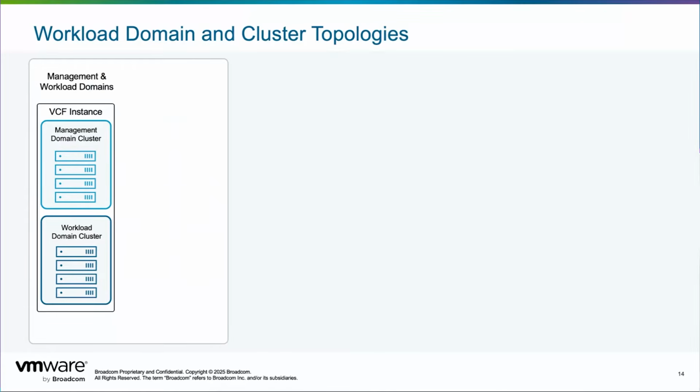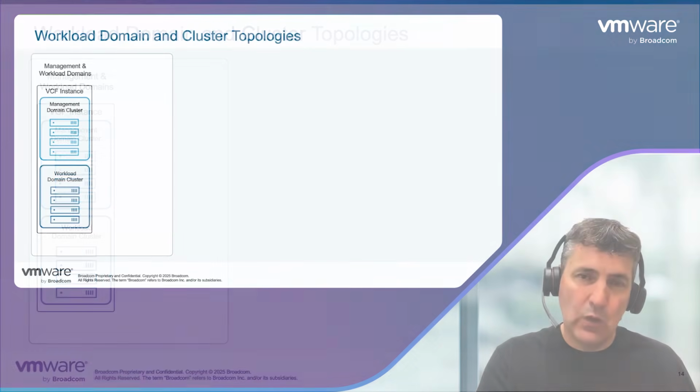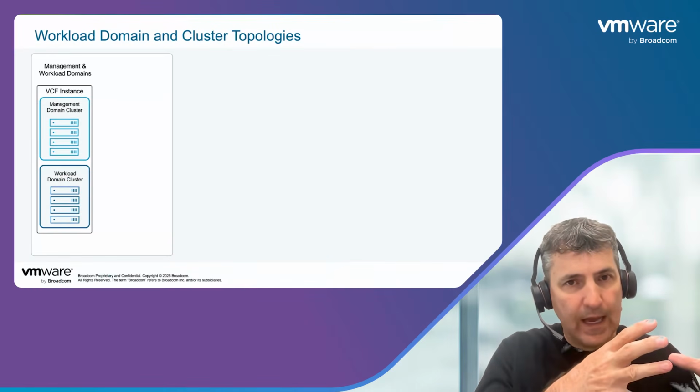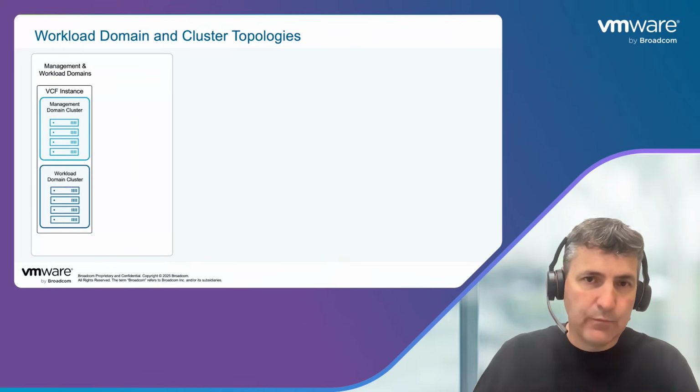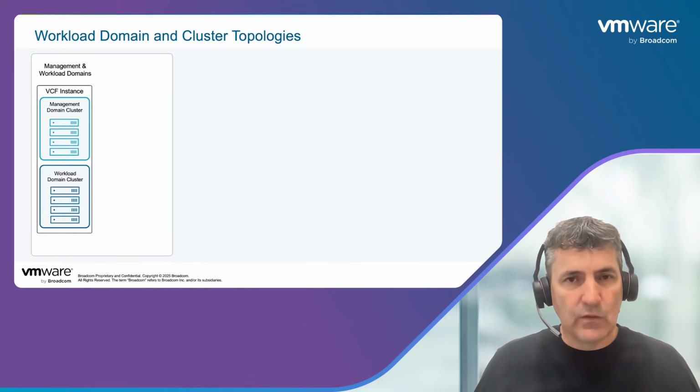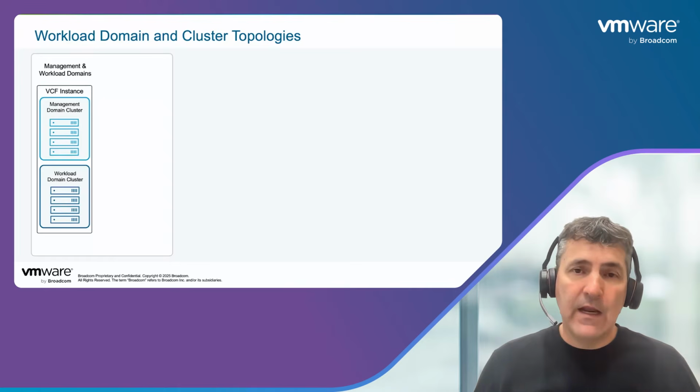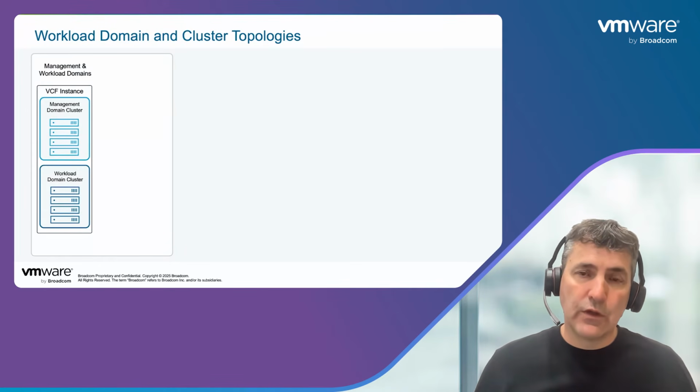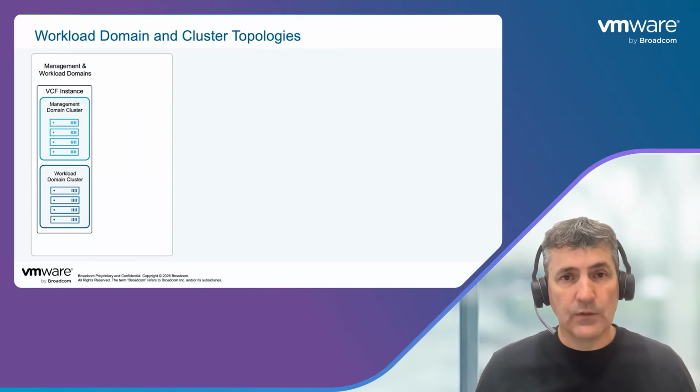I can leave that management domain dedicated for those infrastructure components, thus ensuring that I have separation of my management from my compute workloads, making sure that I have resources dedicated to each. And then I can go in and create virtual infrastructure workload domains to host those user workloads or those compute workloads in my environment.